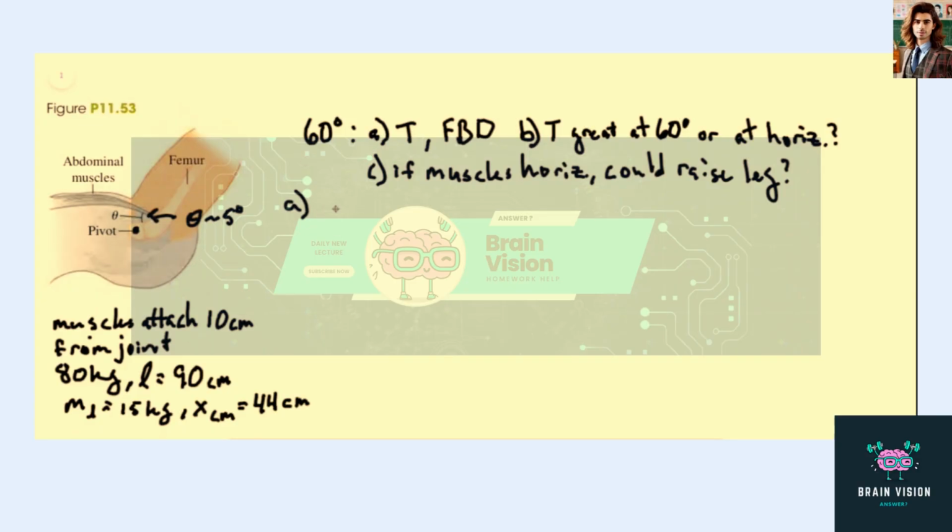So we want to use the equilibrium condition where the sum of the torques is equal to 0. So we have the tension in the muscle times its moment arm, 10 centimeters, times the sine of the angle theta.